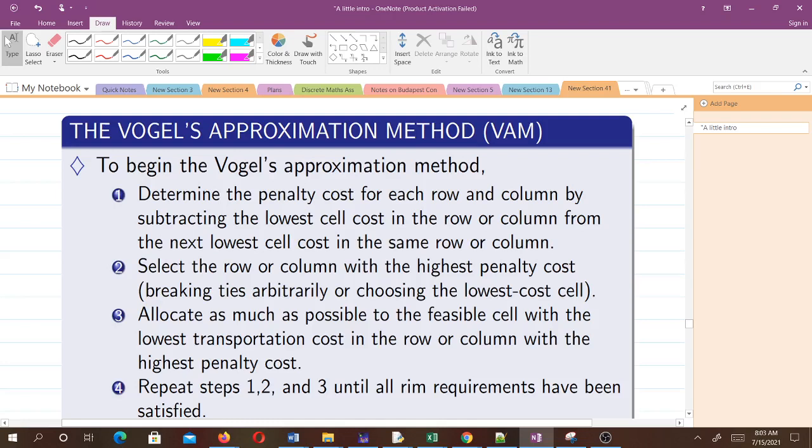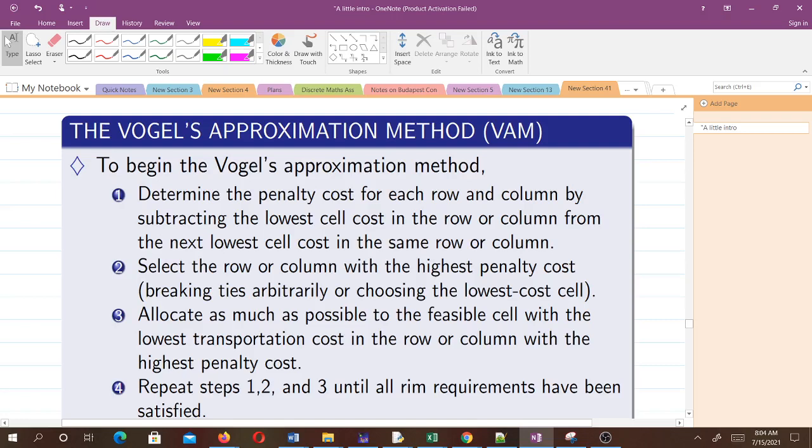Then the second one, we select the row or column with the highest penalty cost, breaking ties arbitrarily or choosing the lowest cost cell, and we allocate as much as possible to the feasible cell with the lowest transportation cost in a row or column with the highest penalty cost. We repeat these steps until all the rim requirements have been satisfied.